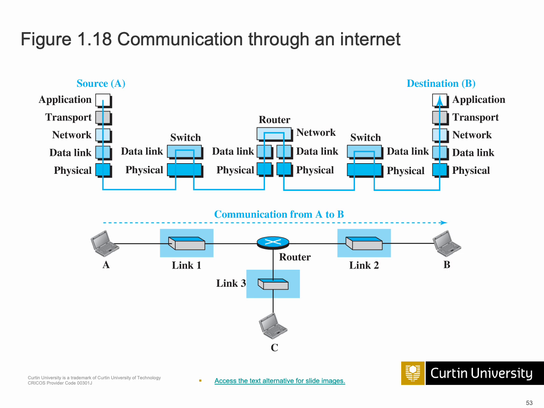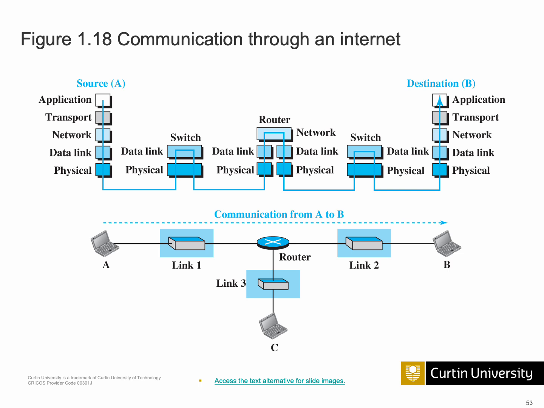And we'll assume that computer A is communicating with computer B, and we have 5 communicating devices in this communication. So we have the source, computer A, then a link layer switch in link 1, the router, the link layer switch in link 2, and the destination host, that is B. Each device has a set of layers depending on the role of the device.